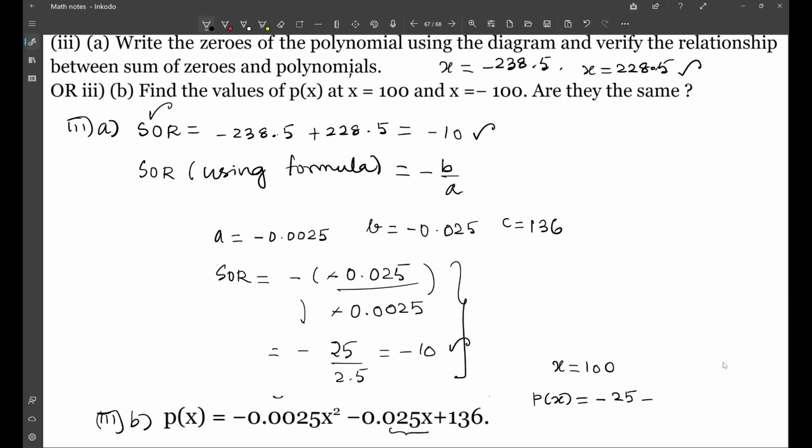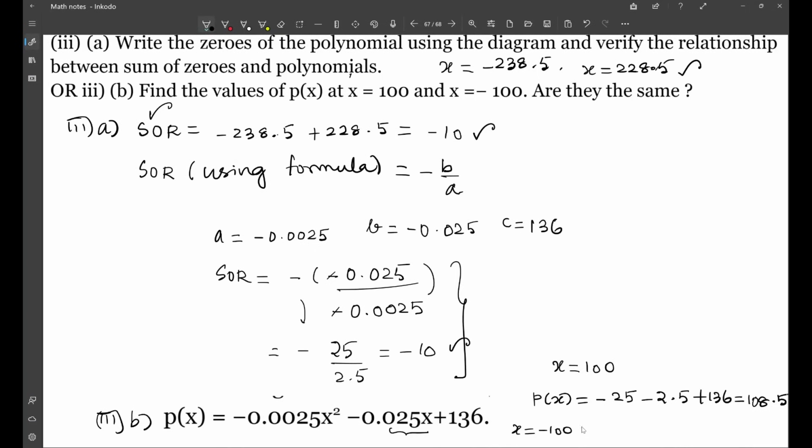So here it would become minus 2.5 plus 136. So p of x value becomes 136 minus 27.5. So that would be 108.5.